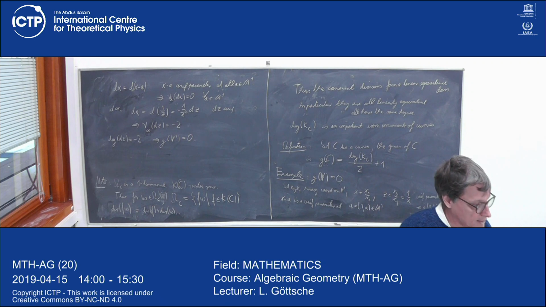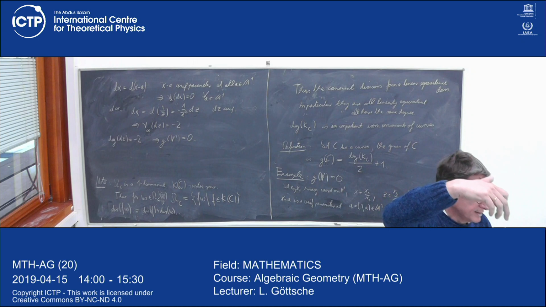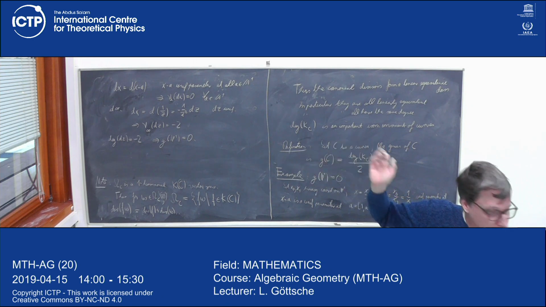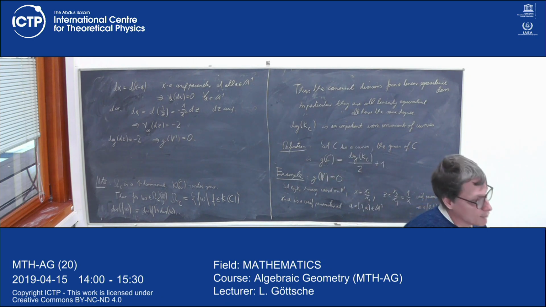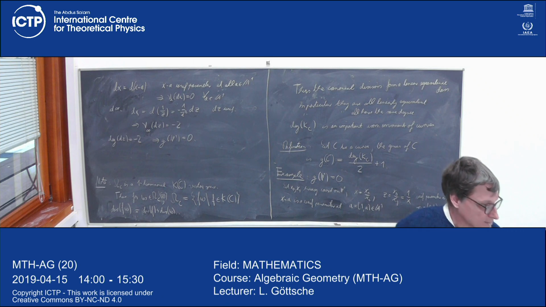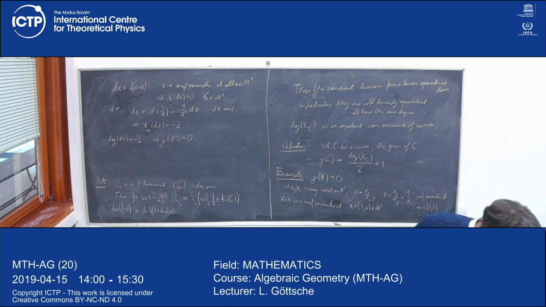Over the complex numbers, it's just C with one point added at infinity, the one-point compactification. But obviously, our definitions don't necessarily need this; I just had this picture over C. We work over an algebraically closed field, so it doesn't have to be C, and then you cannot argue like this. The genus makes sense without these pictures, but obviously the intuition is nice with such a picture. And I also like to work over C.